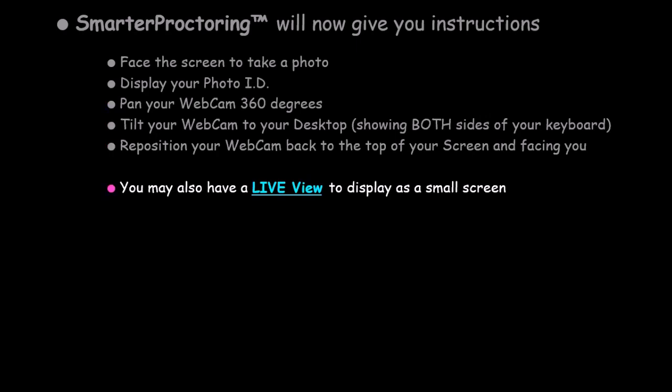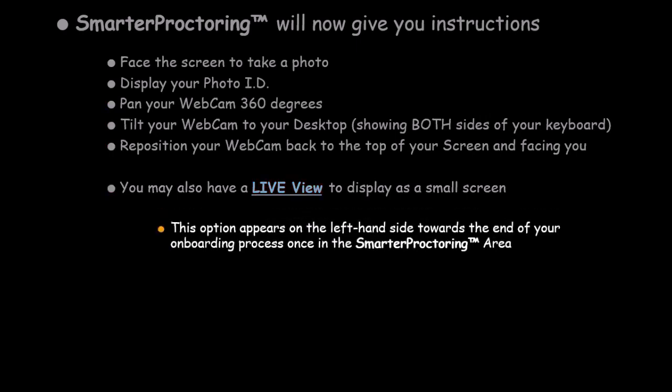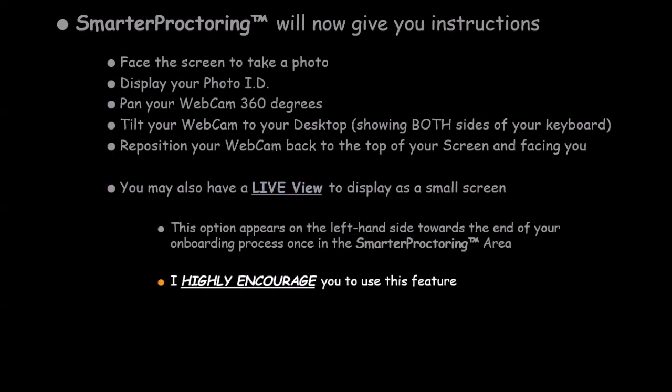All of you have used Zoom before, so it's that little video where you can see yourself, like FaceTime. So it's very wise to do that. You'll see this option on the left-hand side towards the end of building your account for Smarter Proctoring. It'll say live view. I highly encourage you to do this.